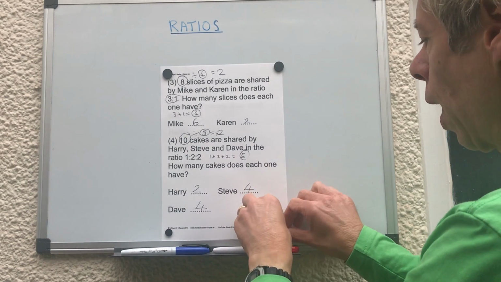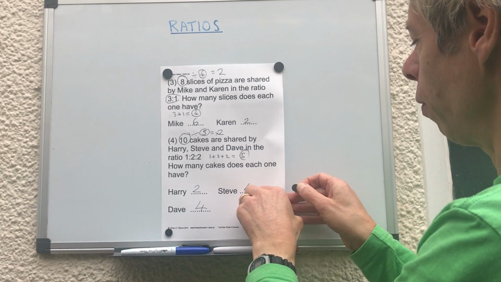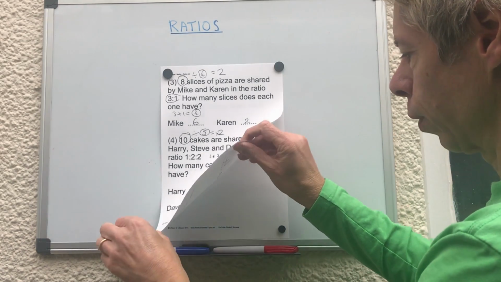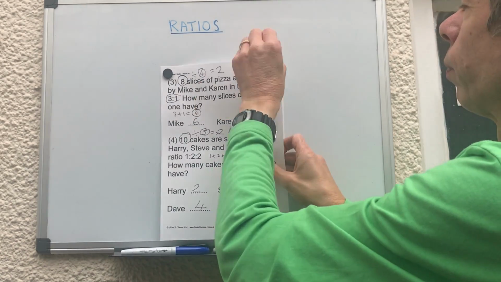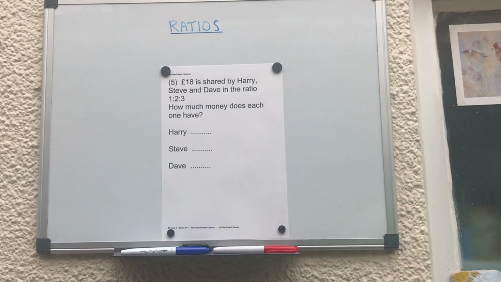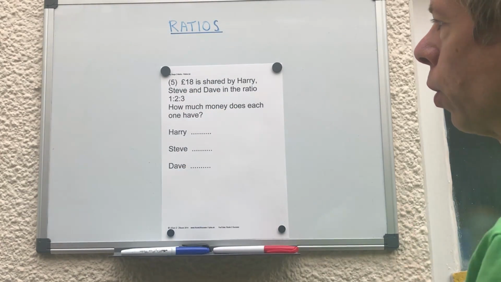So let's look at one more question, and then I'm going to give you a couple of questions to try, see what you make of it. So this time we've got £18, so let's ring that total, 18.